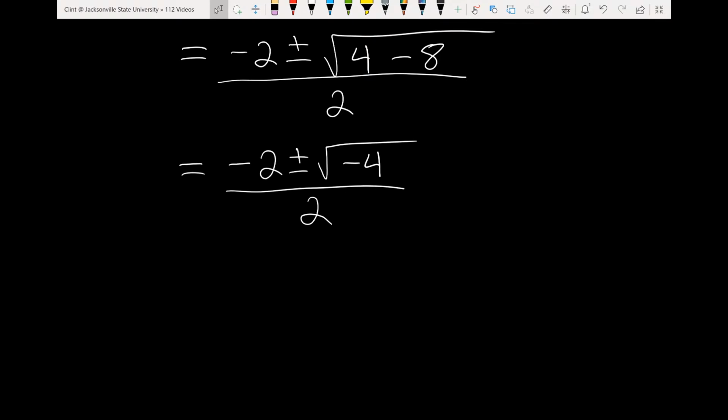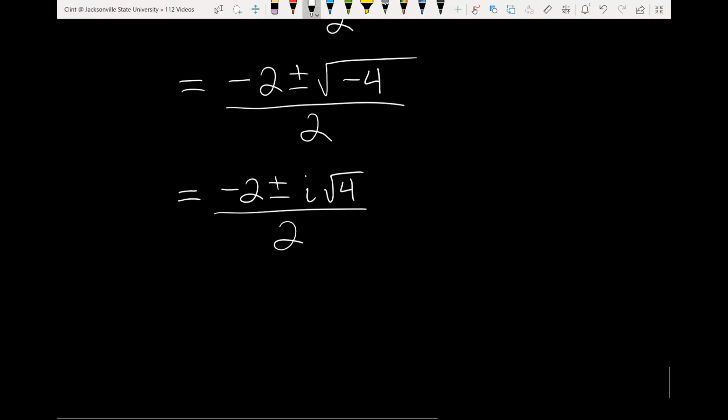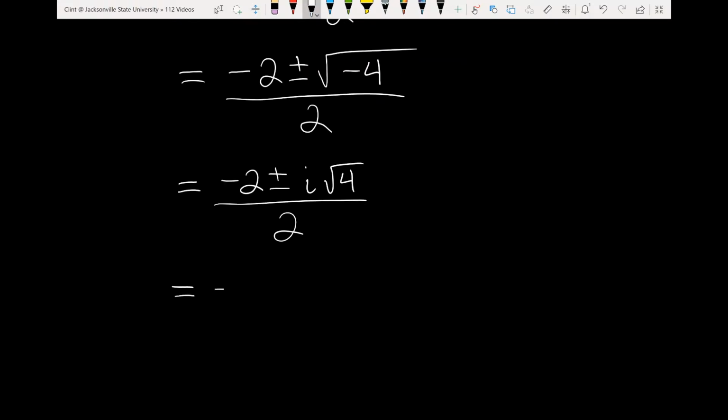So simplify. Taking out an i, square root of 4 is 2. Negative 2 plus or minus 2i, over 2.